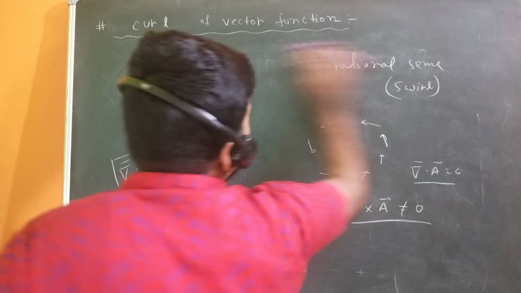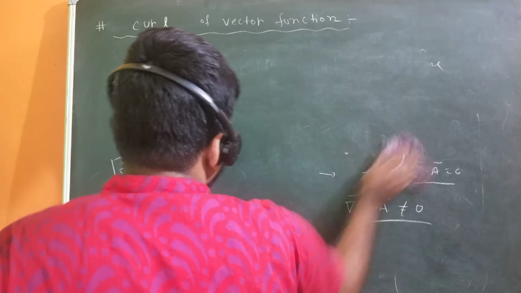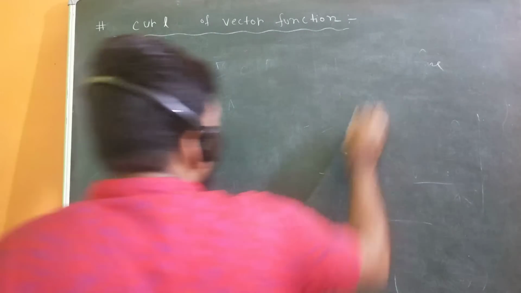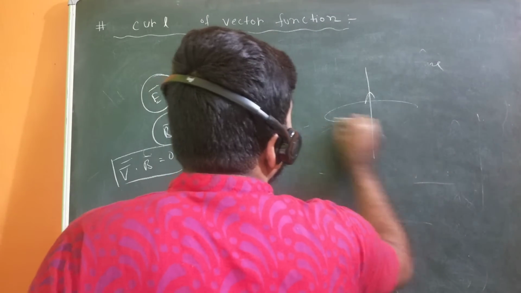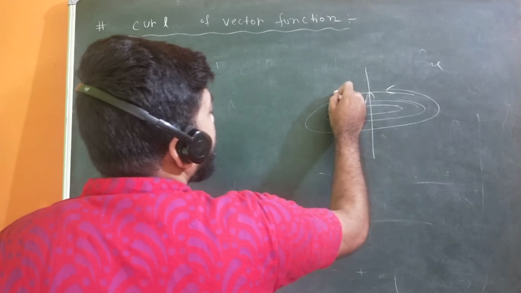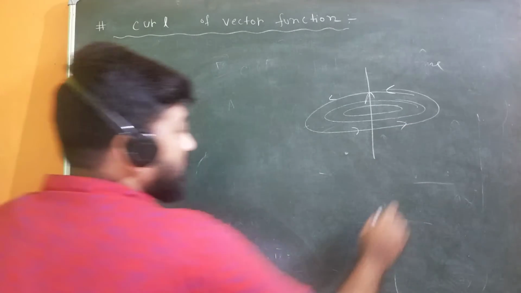If you have a current carrying conductor, then the magnetic field lines are like this, concentric circles.